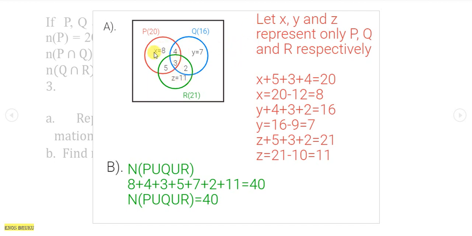So we can say that let X, Y, and Z represent only P, Q, and R respectively.